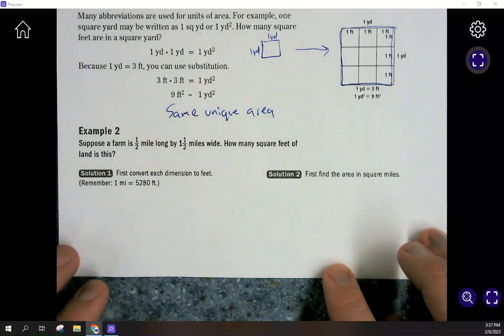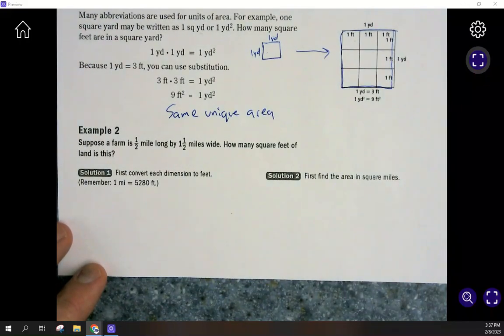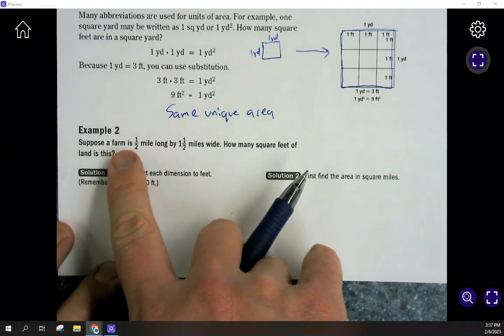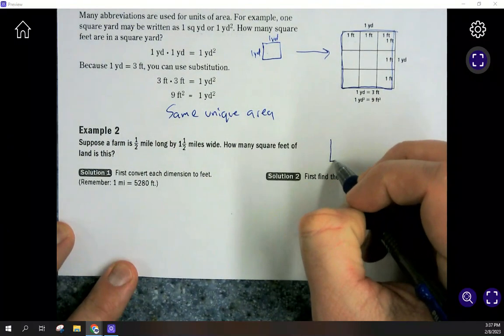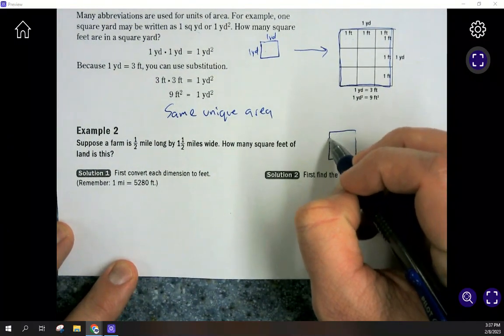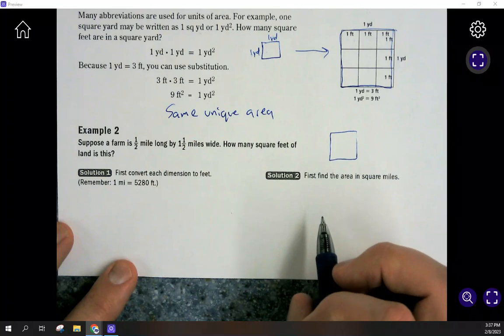All right, so let's look at example number 2. How does this come into play? Well, it kind of gives us some options on how we can compute some of these problems. You can do them in different orders. Basically, you can convert at the beginning or you can convert at the end. So suppose a farm is, so I'm going to kind of draw this, it's a rectangle, 1/2 mile long and 1.5 miles wide.